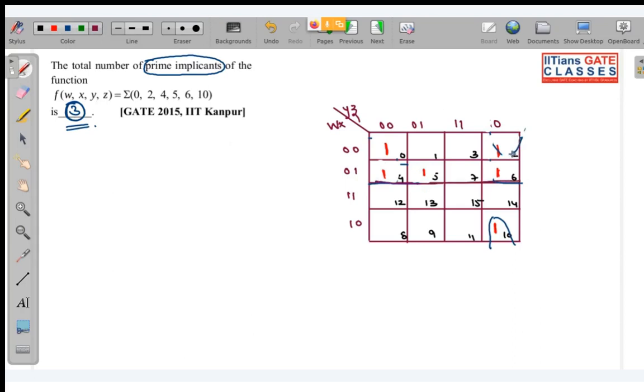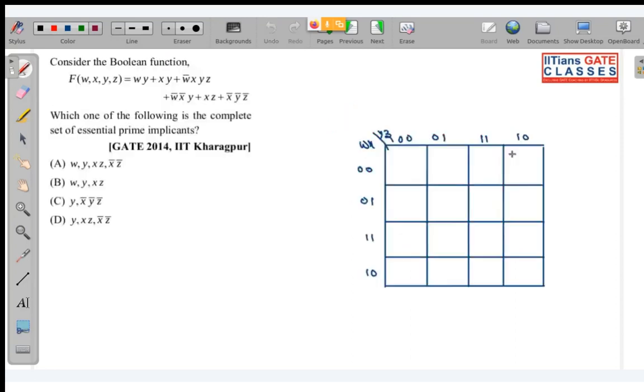See, it is the best possible group. I didn't say anything and you understood. So that is good. If you understood, then it's okay. Then let us solve this question.